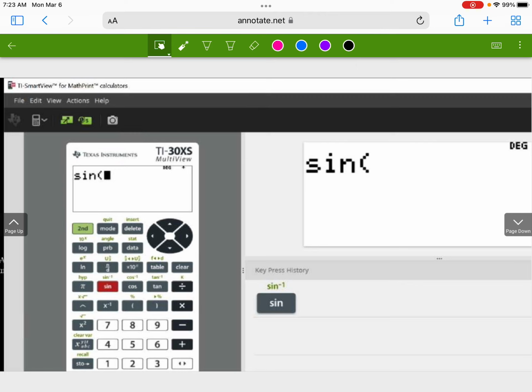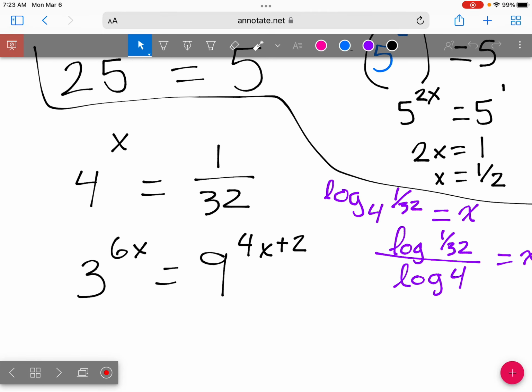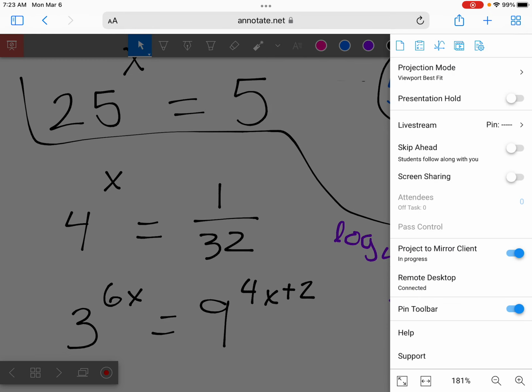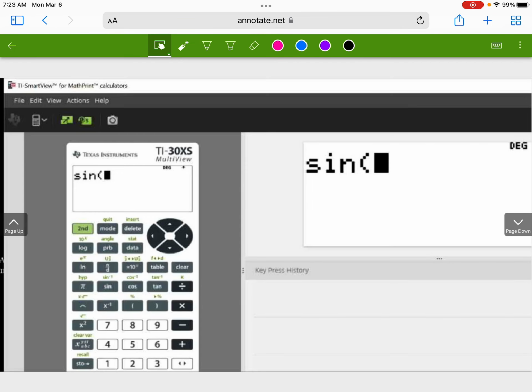Ooh, it froze hard. Let's see. Can I go back? Okay. There we go. Close window. Let's see. No, it still won't let me do it. I don't know what its mood is.